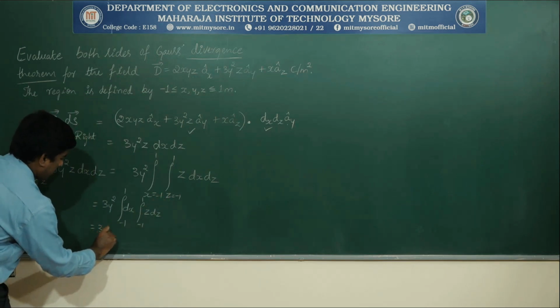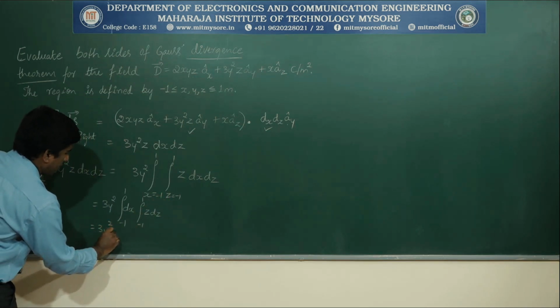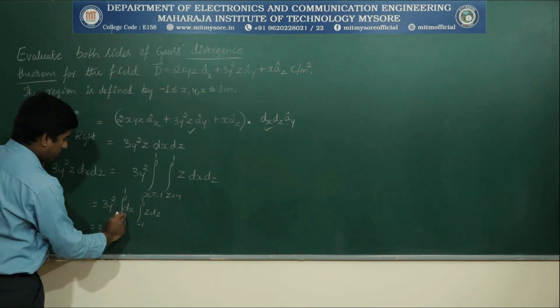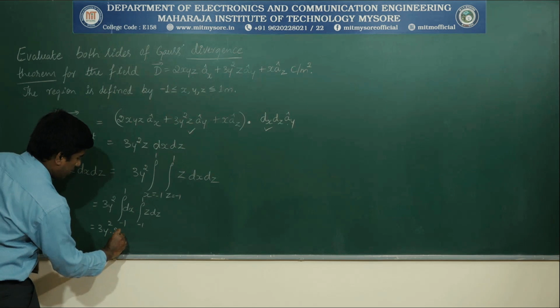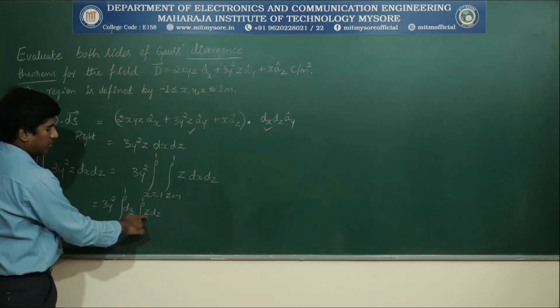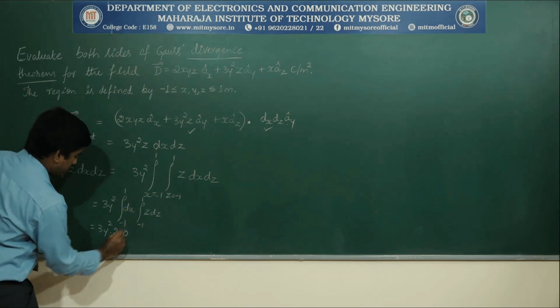What are we going to get? 3y² into, 1 minus -1, this is 2, into z²/2. Z²/2, the answer is 0.